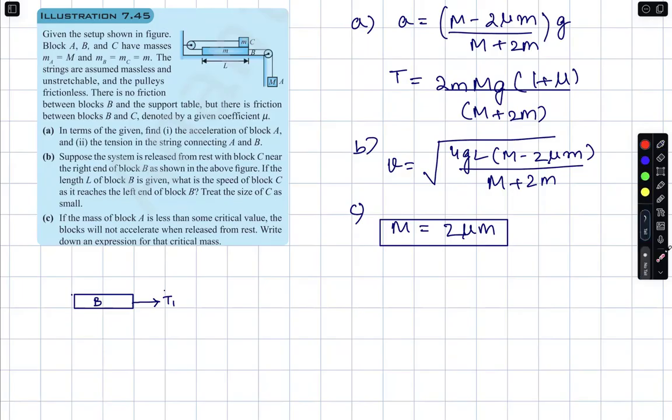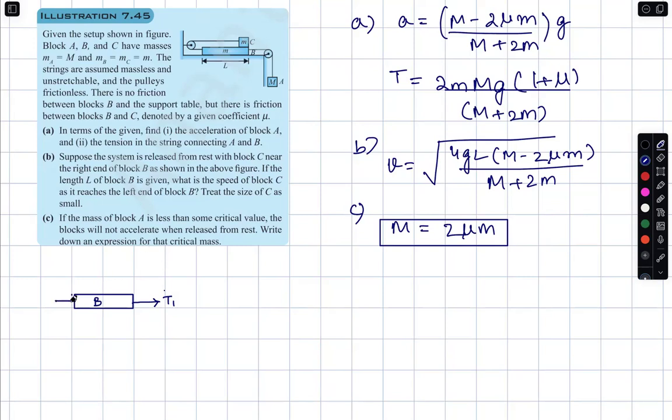Honestly, will the tension in this string as well as the tension in the other string be the same or different? Why? Can you please tell me in one word? A different string. They were separated by a massive object. That's the reason. Okay, your feelings are correct, expression is wrong.